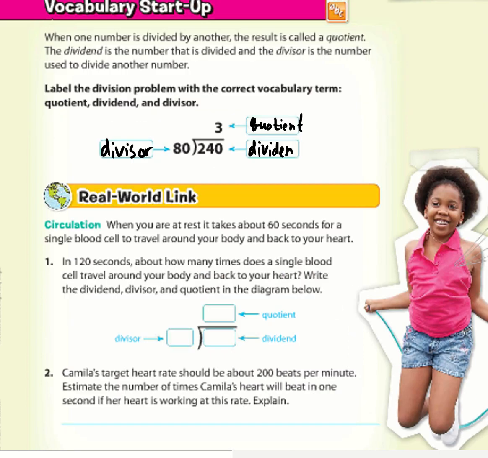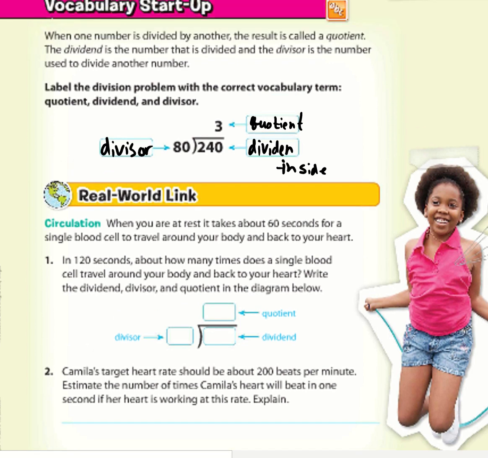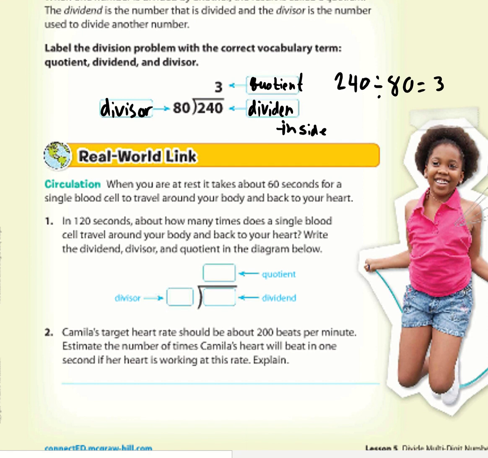The way I remember this is kind of silly, but I think of dividend as inside, like the N means inside, so that helps me decipher that the dividend is the one that's inside. And remember, written the other way it is 240 divided by 80 equals 3. So the dividend is first, divisor second, quotient third.